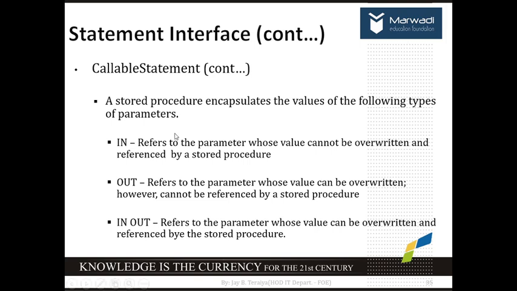In mode means you are just going to pass a parameter to your procedure. Out mode means your procedure is returning a certain parameter, and in out mode means your variable works as an in mode when you call the procedure. When that procedure is completed, you will get the required data in the same variable. That's why it is referred to as in out mode.